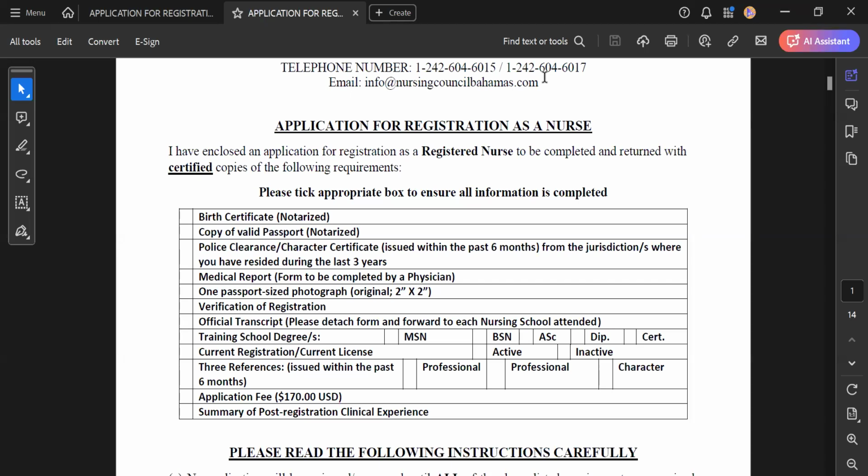Okay. And the next one is the application fee, which is $170. I'm stating it's $170. It's on their form. So if anybody comes to you saying pay this, pay that, no. The only thing you are paying to the council is the $170. I will state it here. I said that on the page because where I stay and the nursing council is about 25 to 30 minutes' drive.